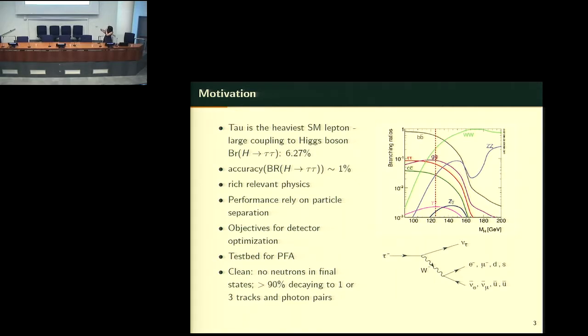And the performance of the tau finding relies on the particle separation, which is related to the detector model and also the reconstruction. And that makes this channel a nice testbed for the detector and also for the reconstruction algorithm.